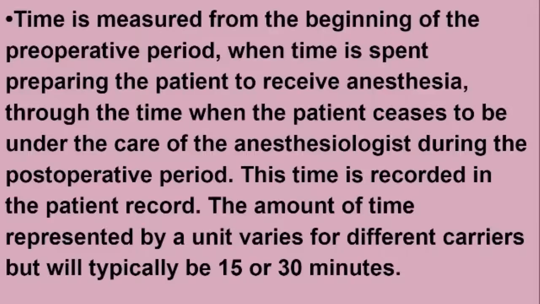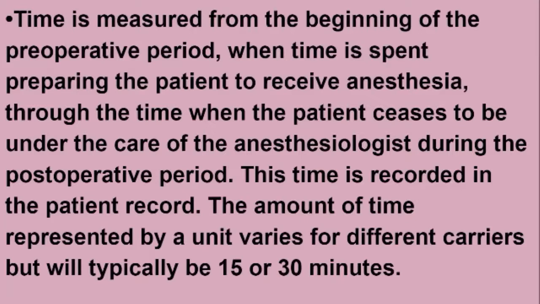T is for time. Time is measured from the beginning of the preoperative period, when the time is spent preparing the patient to receive anesthesia, through the time when the patient ceases to be under the care of the anesthesiologist during the postoperative period. This time is recorded in the patient's record.